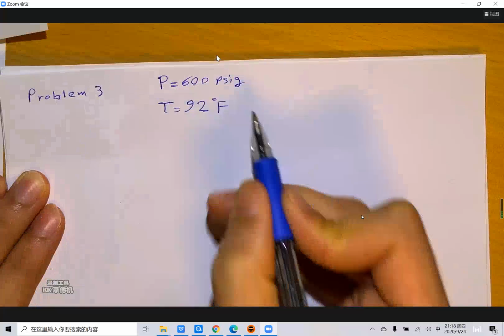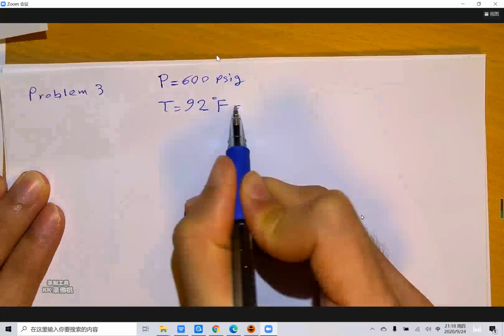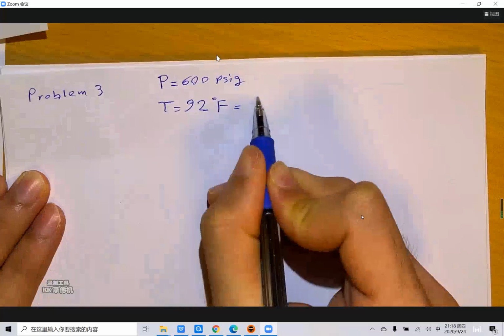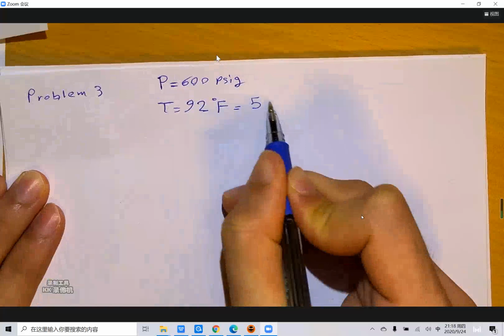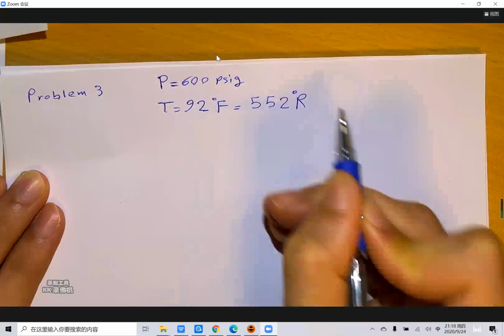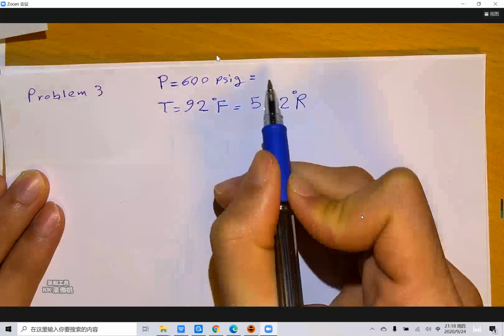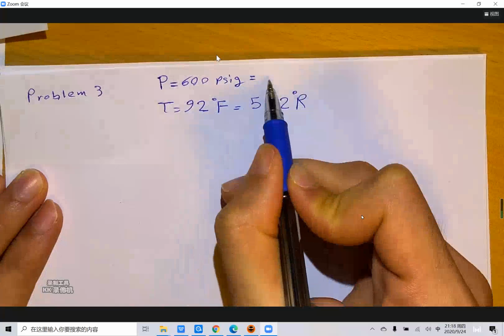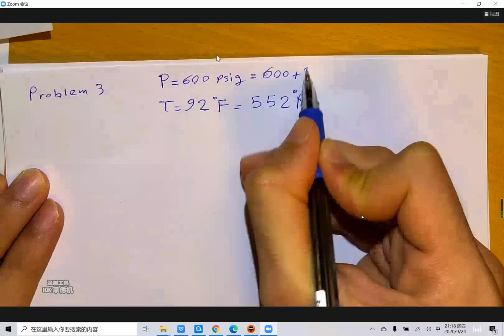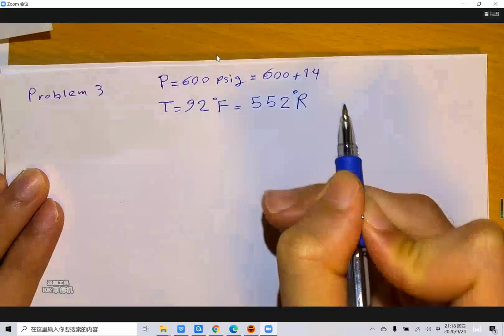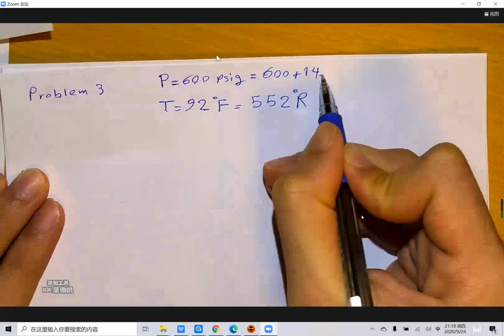Converted to Rankine gives us 552 Rankine, and convert the psig to psia, plus 14.7 gives us 614.7.